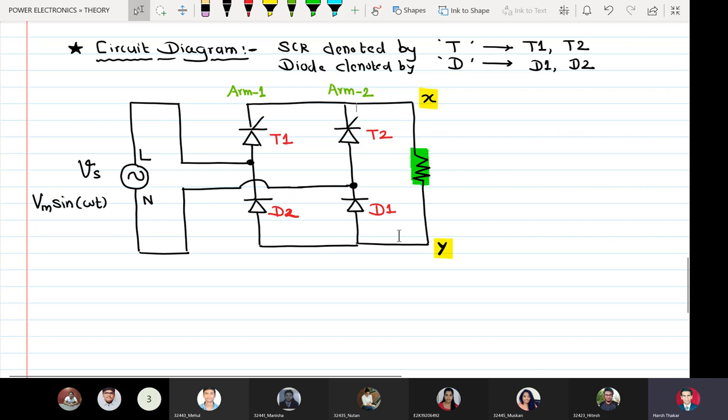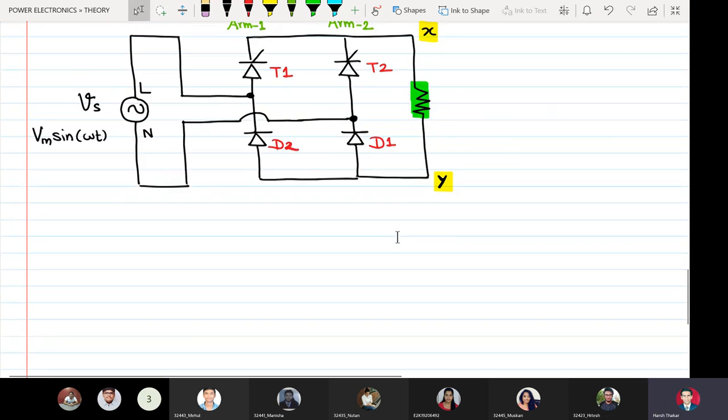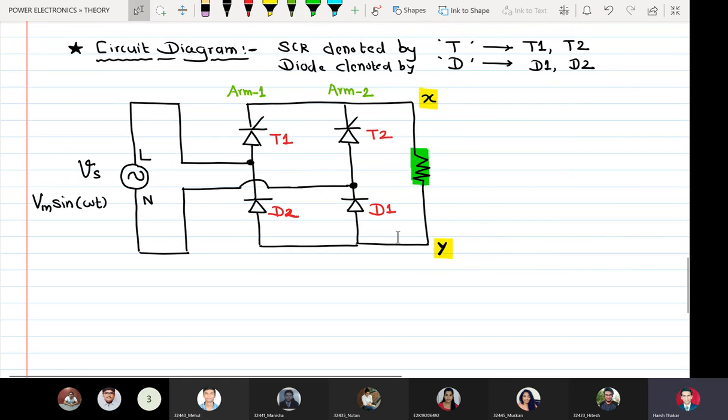Now the only difference between the operation of this circuit and a bridge rectifier is that in place of T1 and T2 you had two diodes, and now we have two SCRs, right? So in that circuit, which was having 4 diodes, there is no control over the conduction of the devices because they are uncontrolled devices. In any bridge converter configuration, the diagonally opposite devices by default conduct together, right?